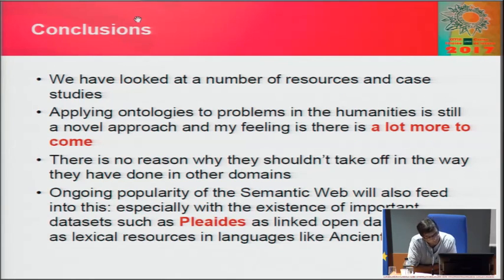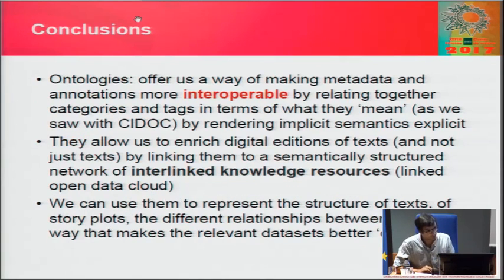Also, and this is something we're working on at my institute, we're trying to make available lexical resources, lexicons of languages like ancient Greek and Latin, on the semantic web as linked open data, and I think these will be useful resources that can be used in work on these classical languages.